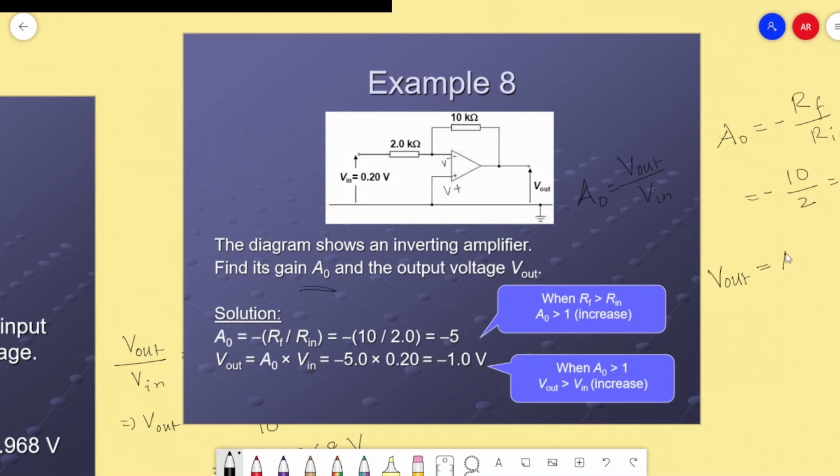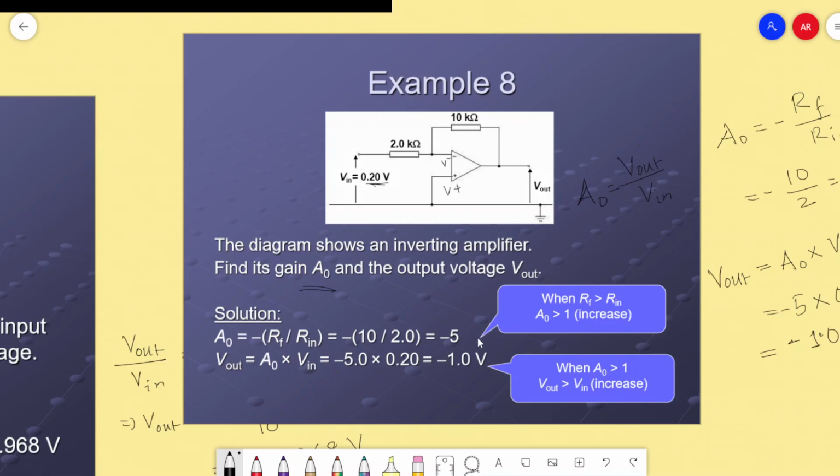It is gain times input voltage. How much input voltage has been fed in? 0.2. So it is negative 5 times 0.2, which is negative 1.0 volt.